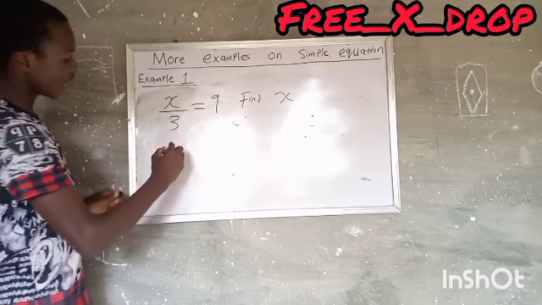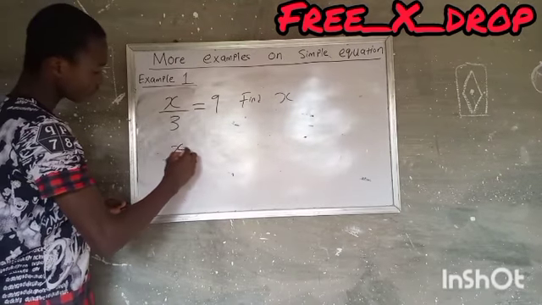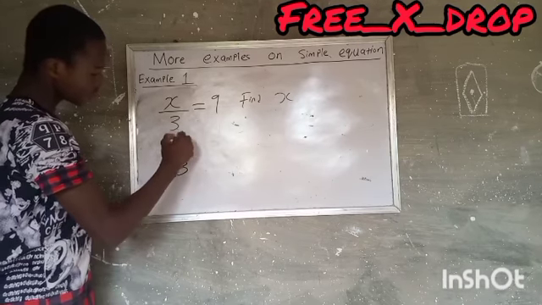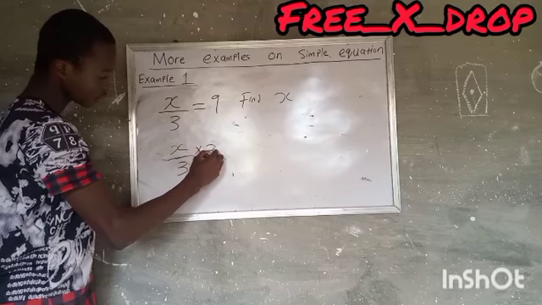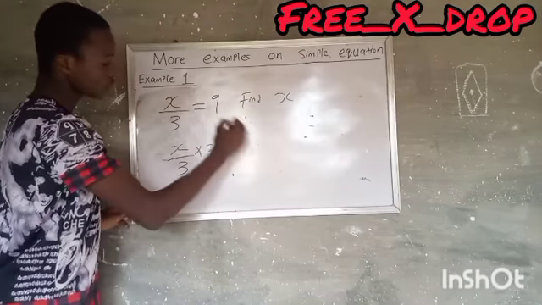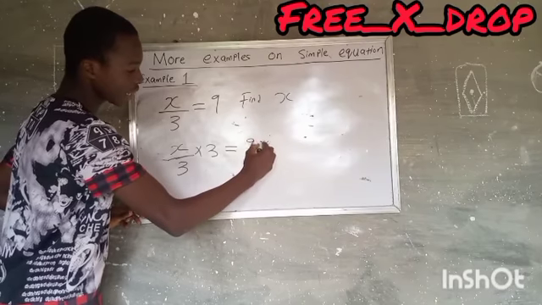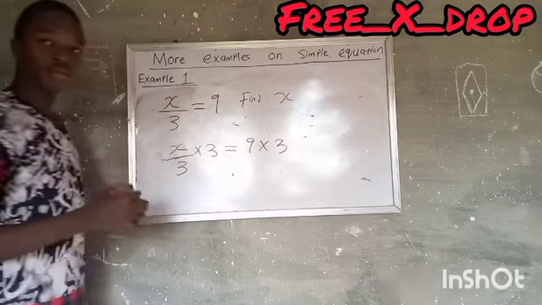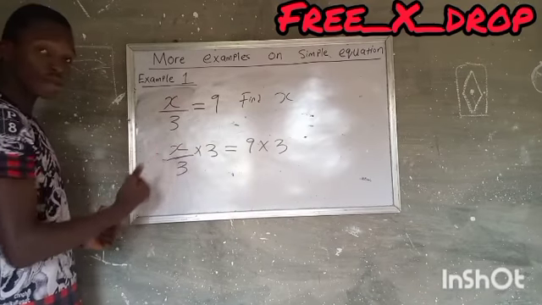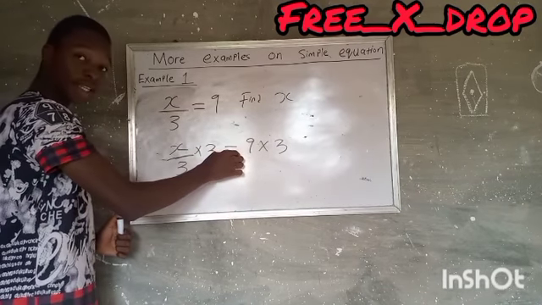So now this is x over 3 times 3 equal to 9 times 3. I told you, whatever you do at the left, you do at the right, so that it can remain equal.